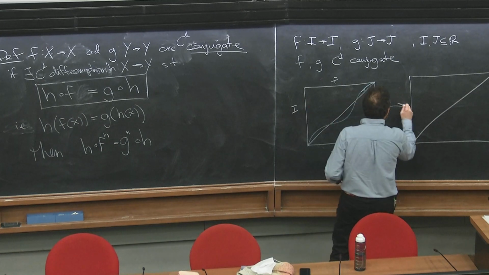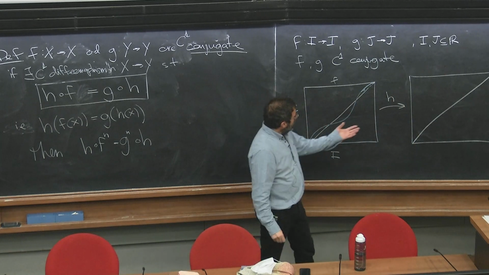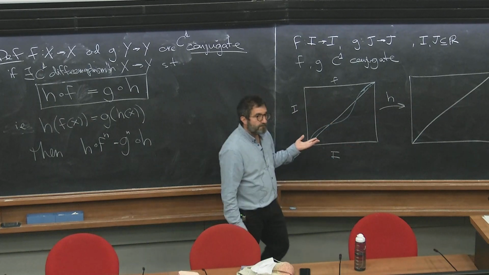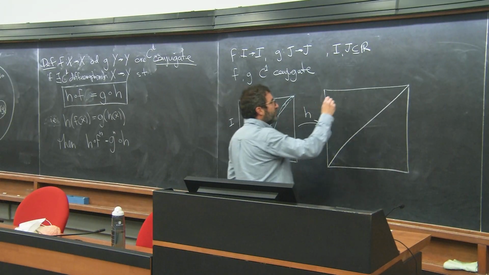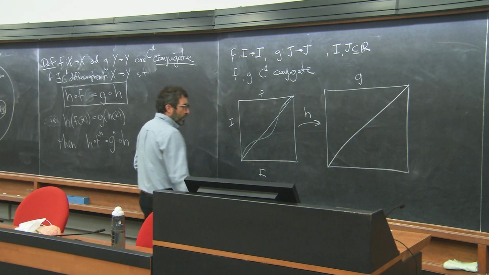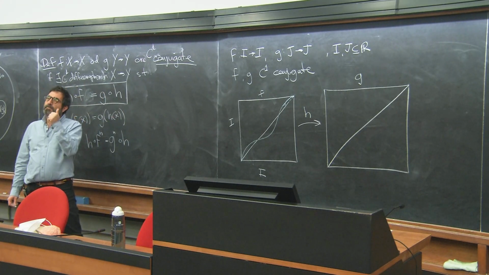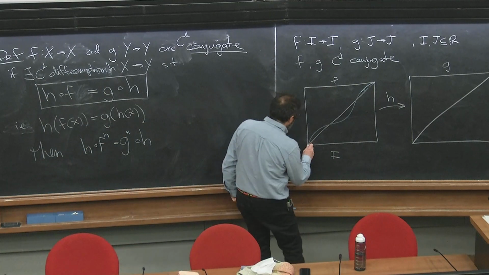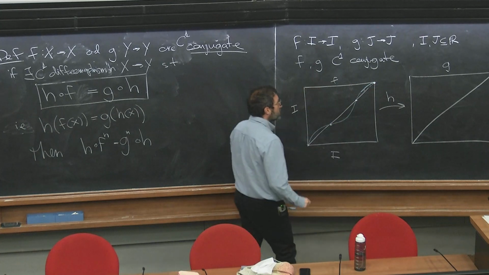If I tell you that H is a C0 conjugacy, so that there's a homeomorphism, then what can you tell me about the graph of G? We know that G must have the same number of fixed points. So it must have 1, 2, 3, 4 fixed points.